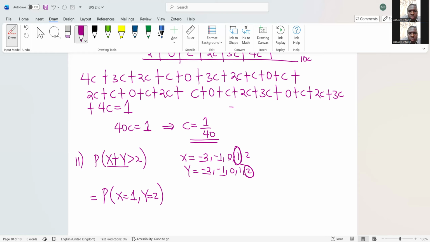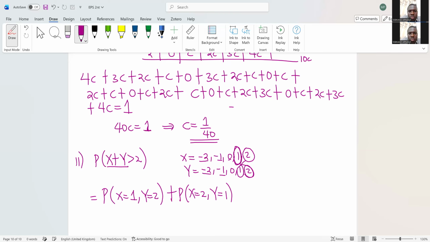Then I explore another possibility. Look at the case where I have X equals 2 and Y is a 1. That is the probability of X equals 2 and Y equals 1.